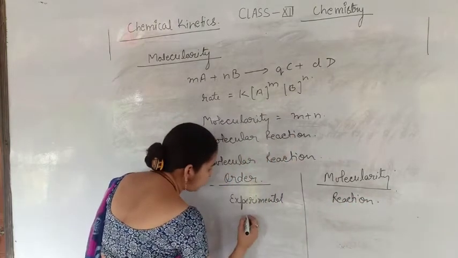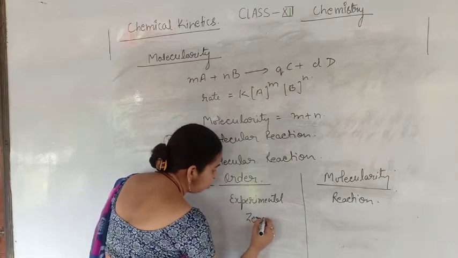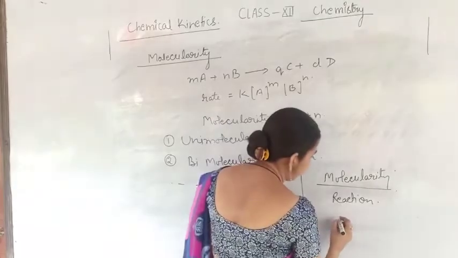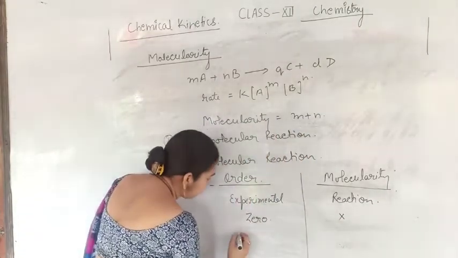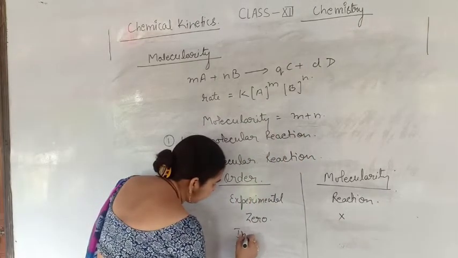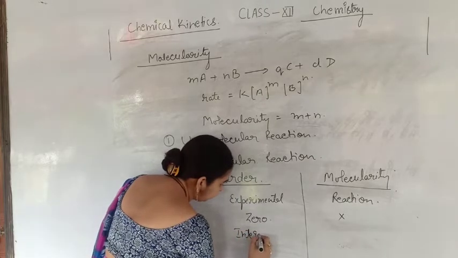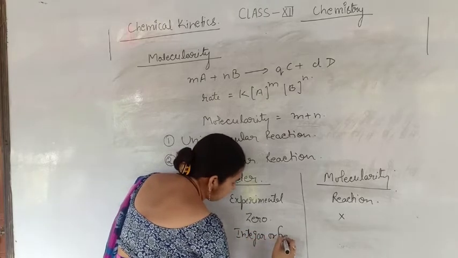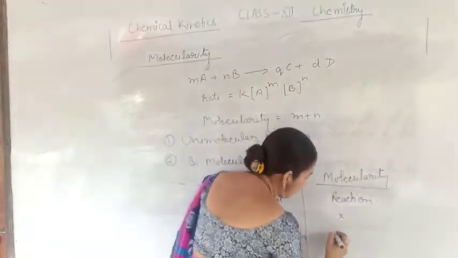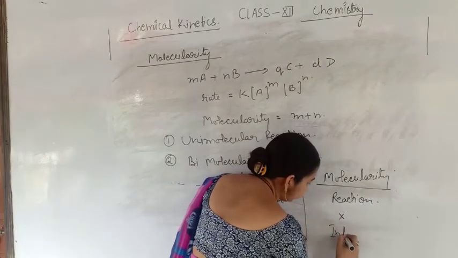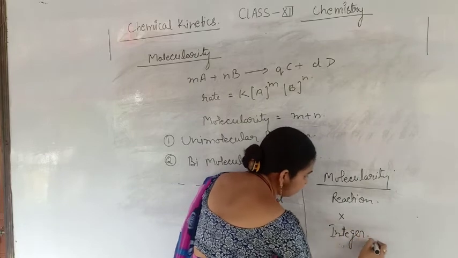Order of reaction may be 0, but molecularity can never be 0. The order of reaction may be an integer or a fraction, but molecularity is always an integer. Okay.